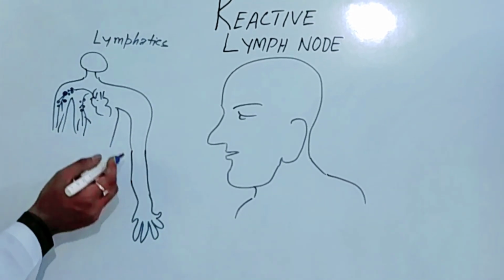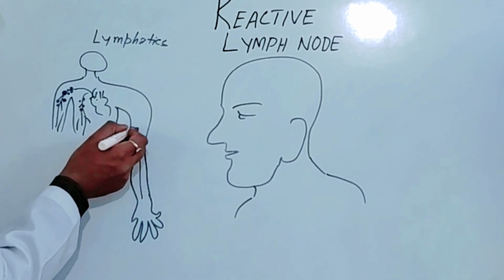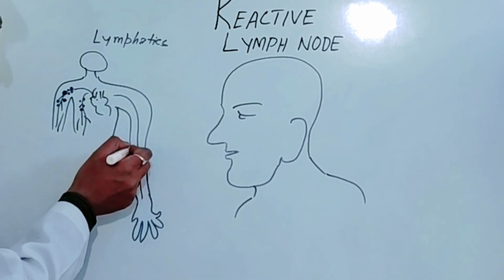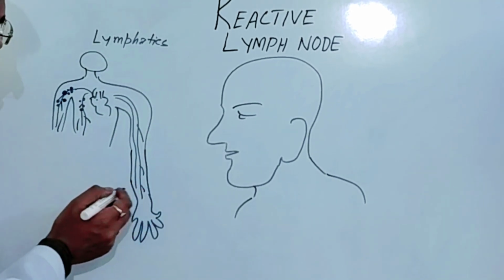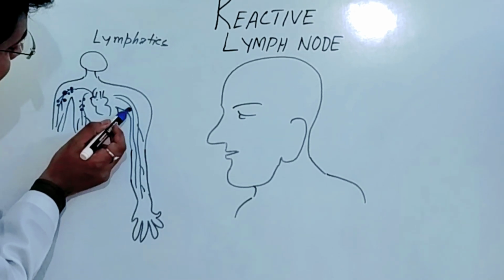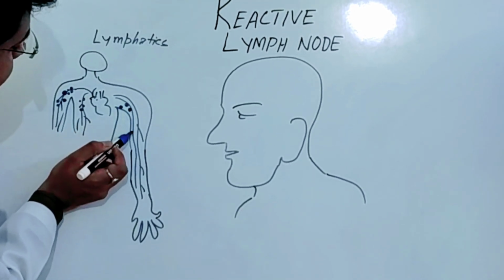There are multiple lymphatic vessels within our hand. There are some branches within it, and along the path there are multiple lymph nodes.